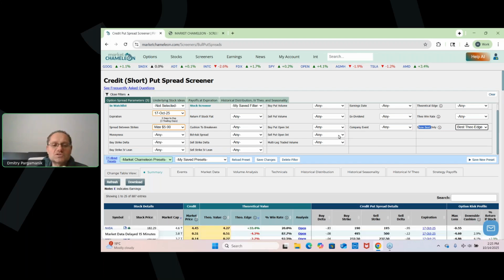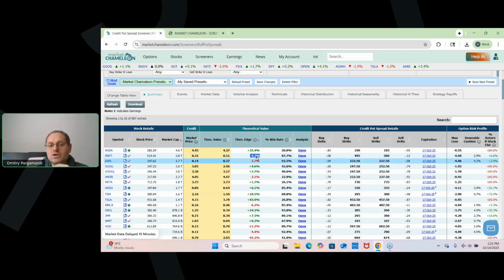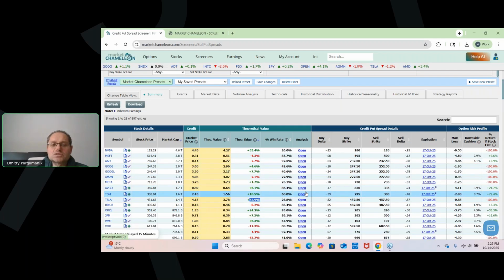So this will go on October 17th, and it'll say, okay, in NVIDIA, this one has the best theoretical edge. Microsoft, there aren't any positives, so this is the best one. And Apple, it's this. So this will list each of the spreads in October 17th by theoretical edge.